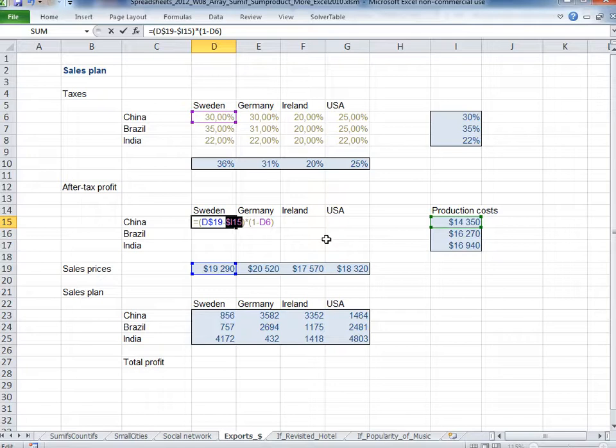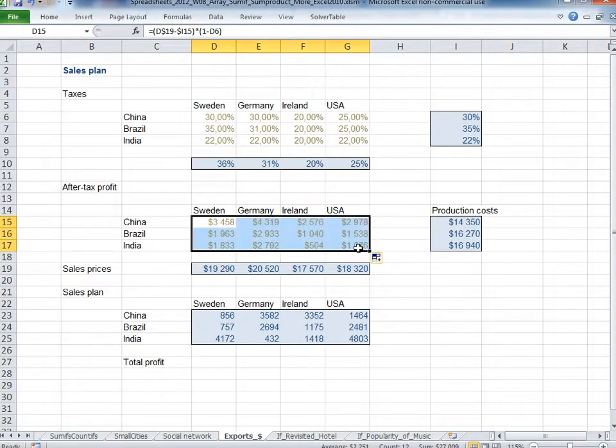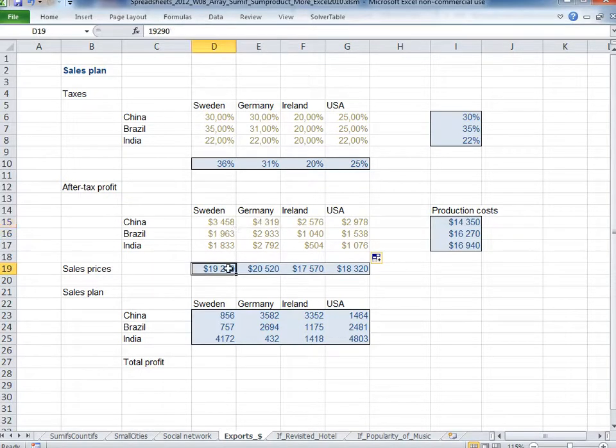Now the next thing, we can just copy this formula, and here are profits for one produced unit. The biggest profit for a produced unit is when we ship it from China to Germany. The sales price is the highest in Germany. Actually, the production costs are the lowest in China.